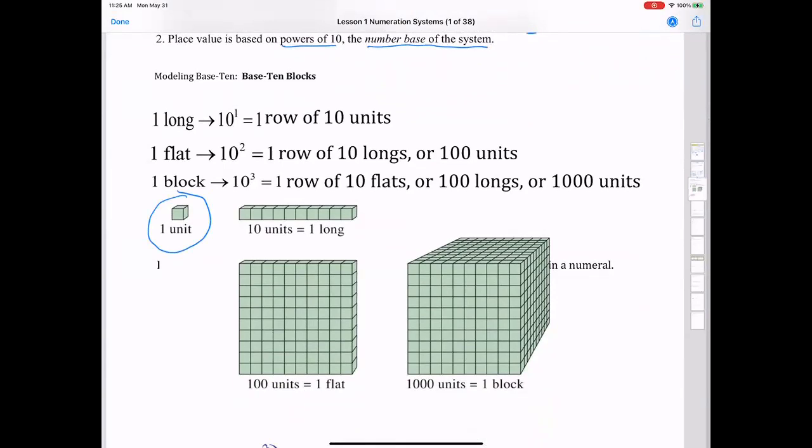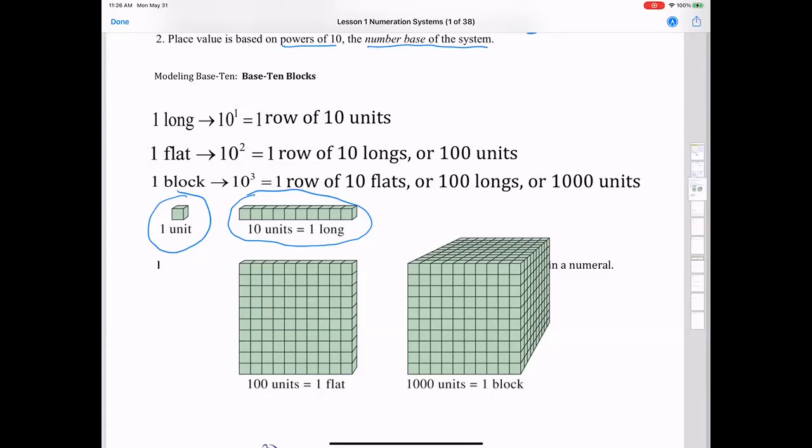And once you already have 10, that 10 will form a new object called a long, because you're only allowed groups of 10s. You cannot go beyond 10. You don't have symbols more than 10. So once a set of units reach 10, it forms a new object called a long. A long is one group of 10s.